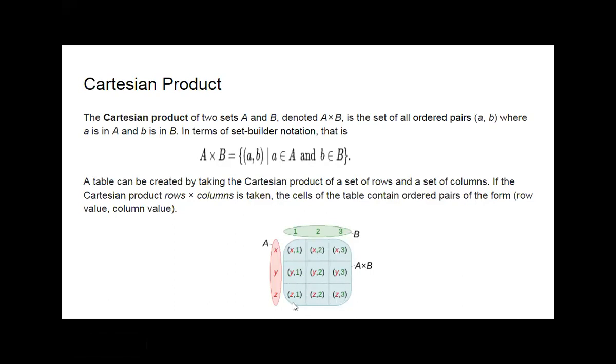All combinations we have tried. So it is the A cross B. In the diagram we can say, see the set A, which is in the red color, set B, which is in the green color, and A cross B, the Cartesian product of A and B, is shown in blue color.